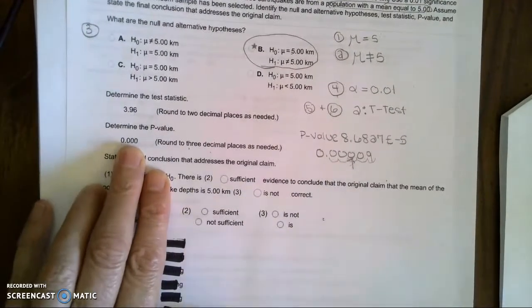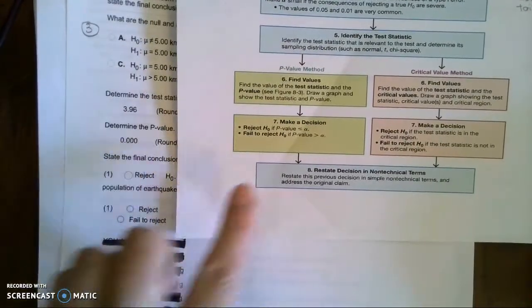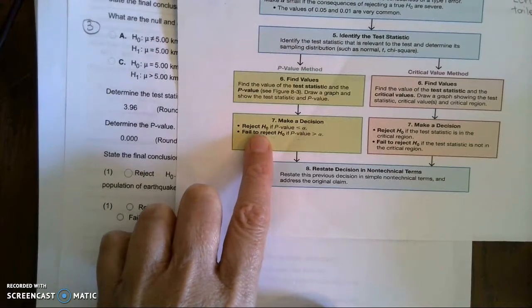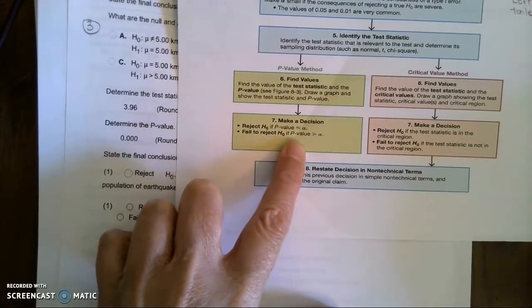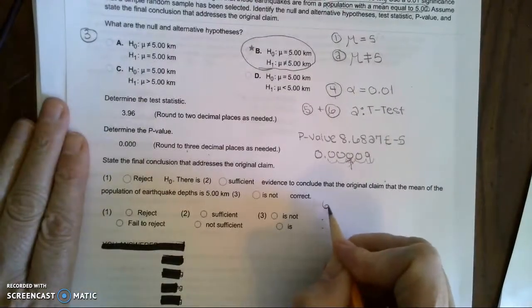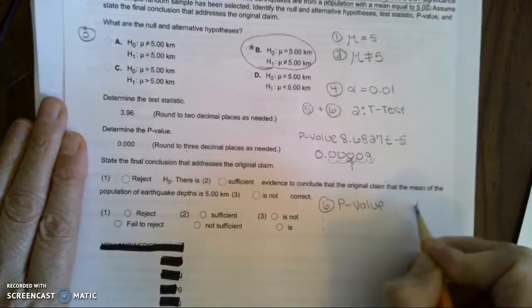Okay, so now we're up to step 6 right here. Actually, I guess we already did step 6. So now we want to do step 7, decide if we reject the null or not. Reject it if the p-value is less than alpha. Fail to reject if it's greater than. Let me write down here, we compare the p-value with alpha.